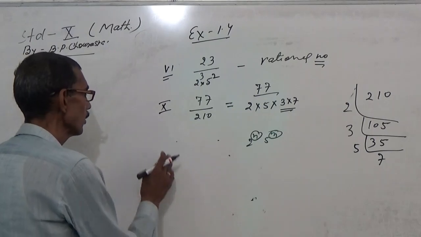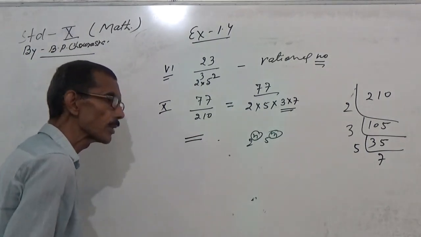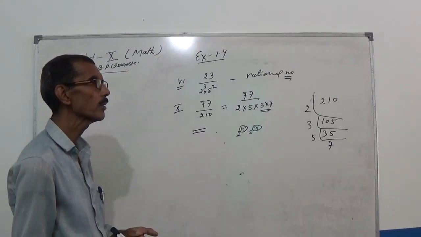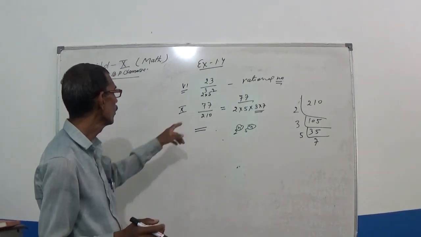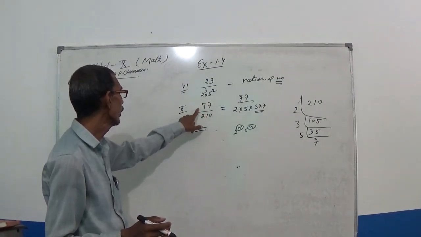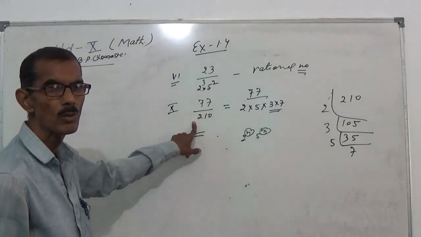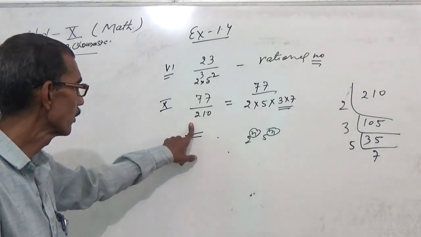So without actual division, you can find whether the value of a rational number is terminating or non-terminating.